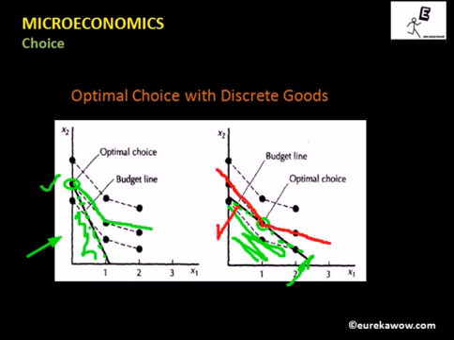So they are lying to the left of this. As a result, they will be lying on a lower indifference curve as compared to the indifference curve on which bundle A lies, and as a result we say that bundle A is the optimal choice of the consumer.